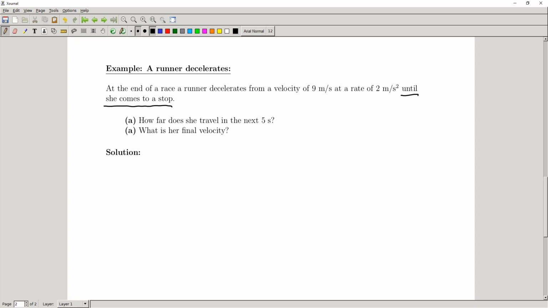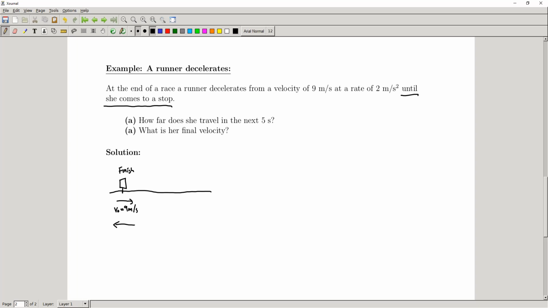And here I'll draw a picture that'll kind of demonstrate that a little bit. So we can imagine our racetrack here. This will be our finish line. And so the racer gets to the finish line. At this point, she has an initial velocity of 9 meters per second, but an acceleration pointing in the opposite direction, right?